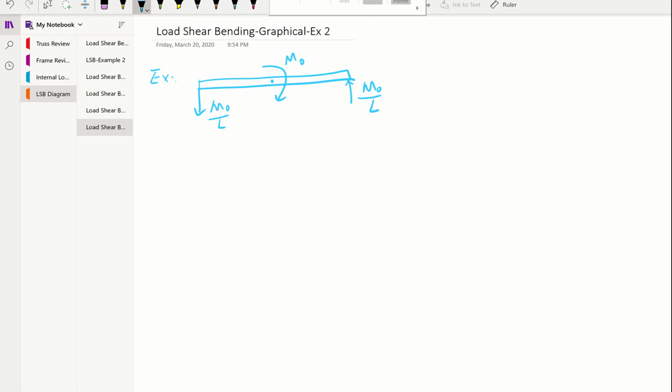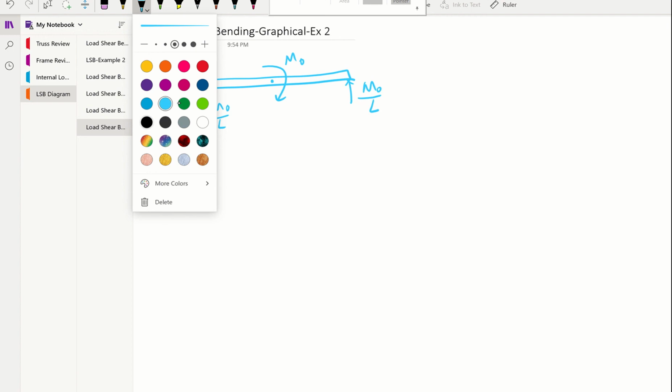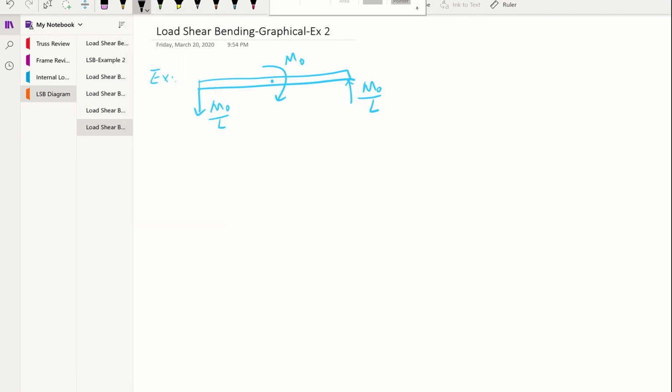Now, using the graphic approach, again, we don't need to do another cut. We don't need to do another FBD or equilibrium equation. We directly jump into our load, shear, bending.